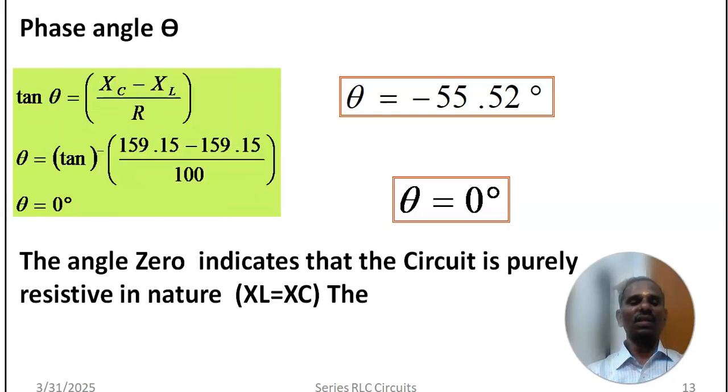Before, here the phase angle is theta. So tan theta is equal to XC minus XL divided by R. XL and XC are the same, so it's 159.15 minus 159.15 divided by resistance R, which is equal to 100. So tan inverse of 0 divided by 100, so theta is equal to 0.